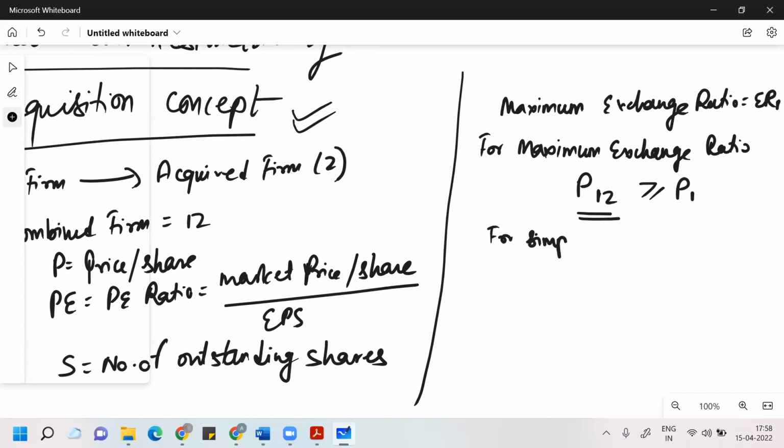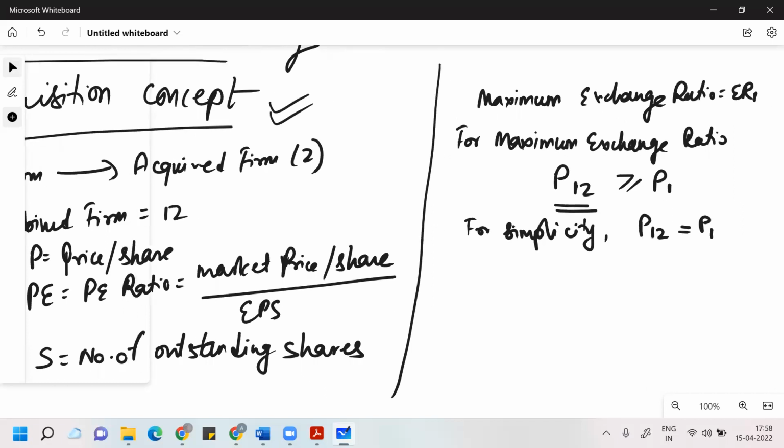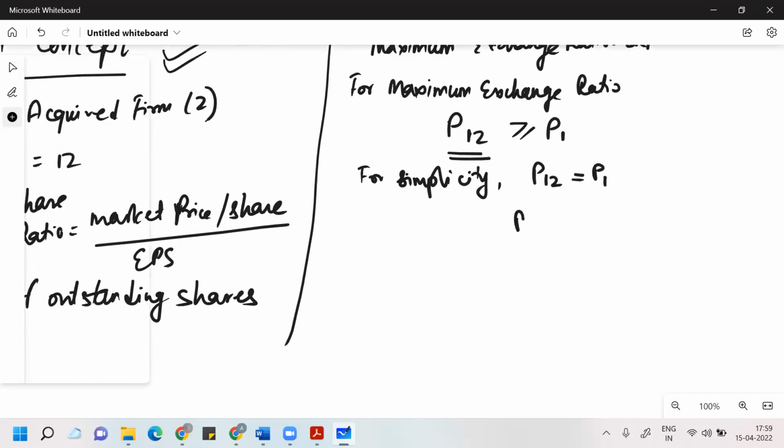For simplicity, I'm assuming that the combined firm's market price per share is equal to the price of the acquiring firm.